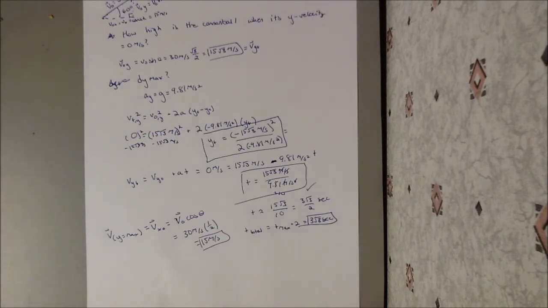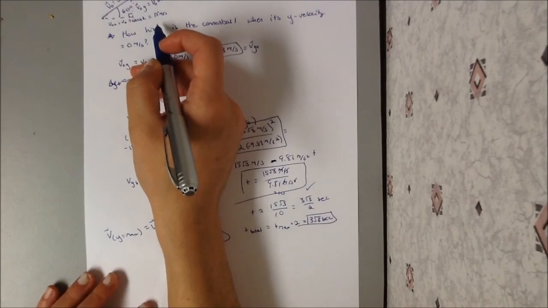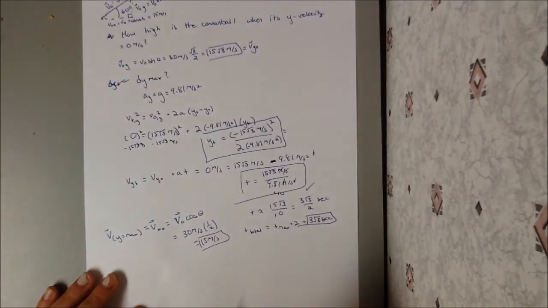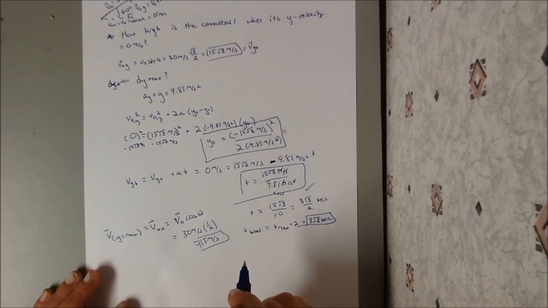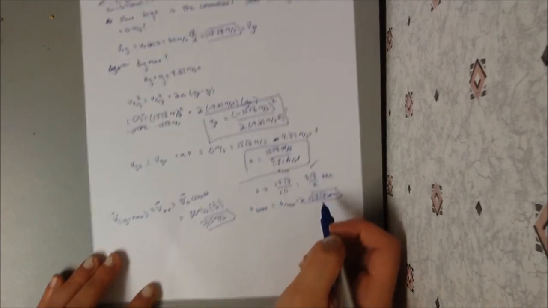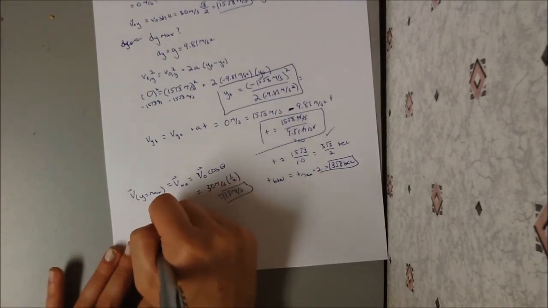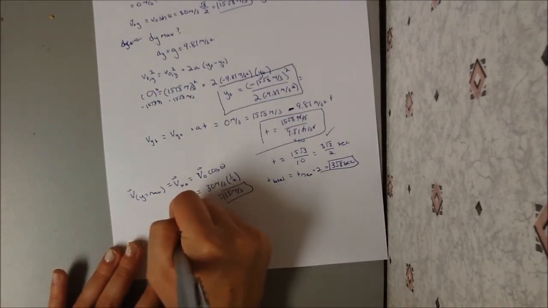So we want to know how far horizontally the cannonball will travel before it hits the ground. To do that, we already have the x velocity that remains constant, and we know the amount of time that it has to travel. So all I really need to do is figure out how far I can get in the x direction in the time that I have to stay in the air. Remember, when I have constant velocity, velocity is just the distance covered over time.